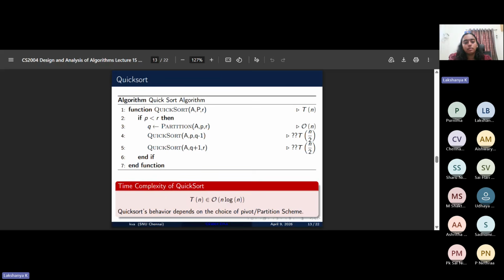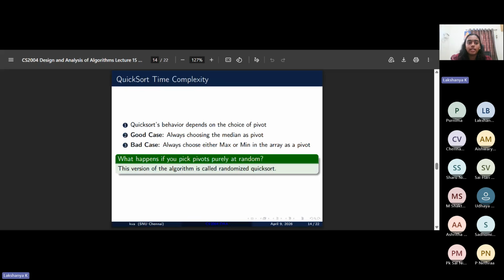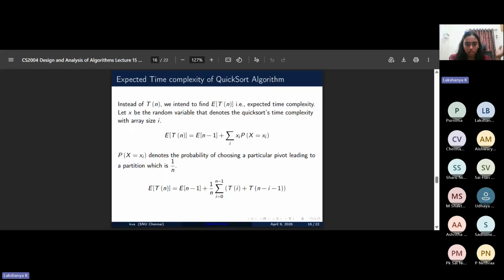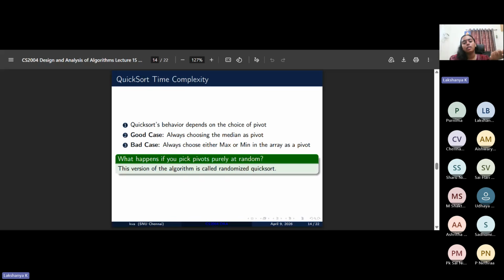So quick sort is in one sense a randomized algorithm, right? Because your choice of pivot is random, and in quick sort your whole time complexity, the number of operations, depends on your choice of pivot. If you choose the median element as the pivot, then half of your array will be on the LHS, half on the RHS.